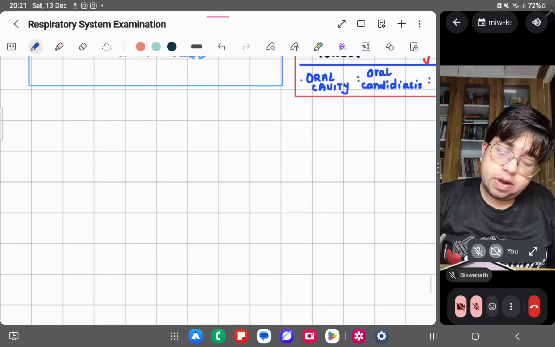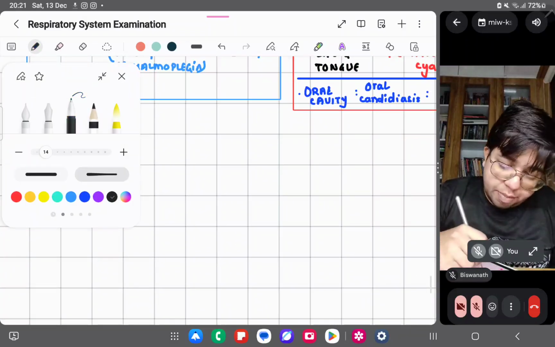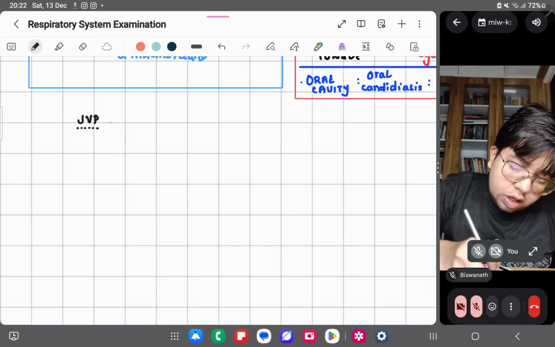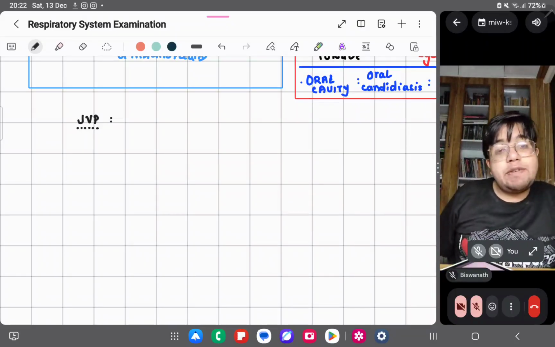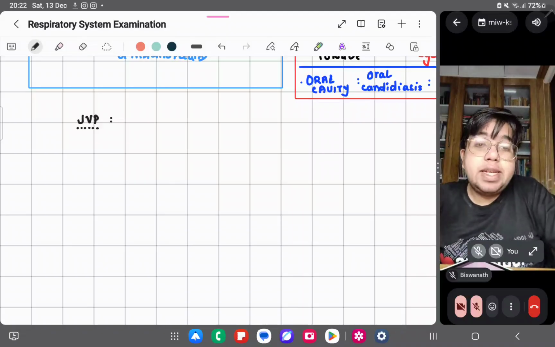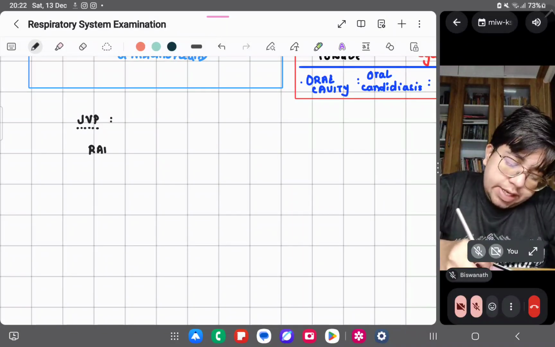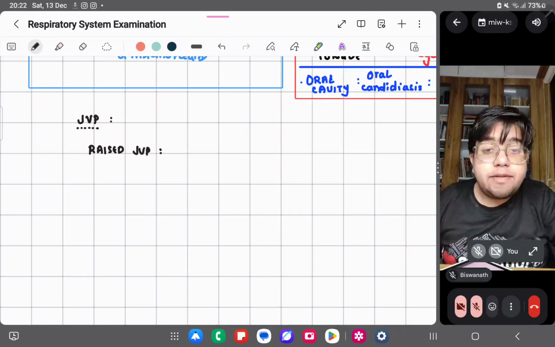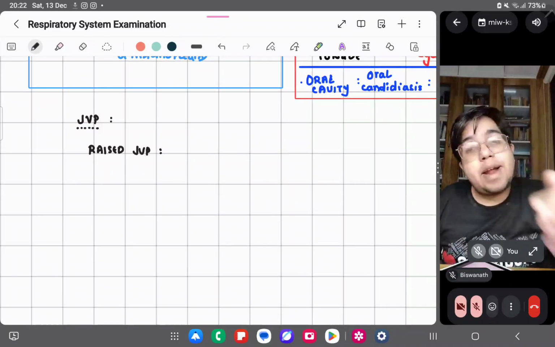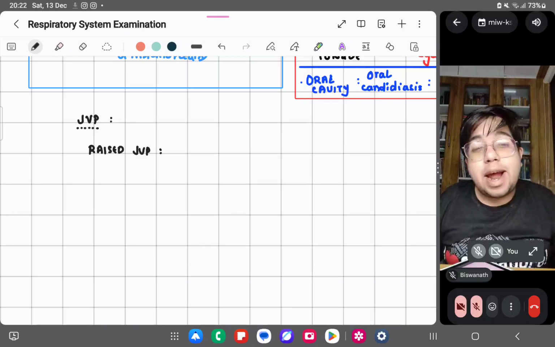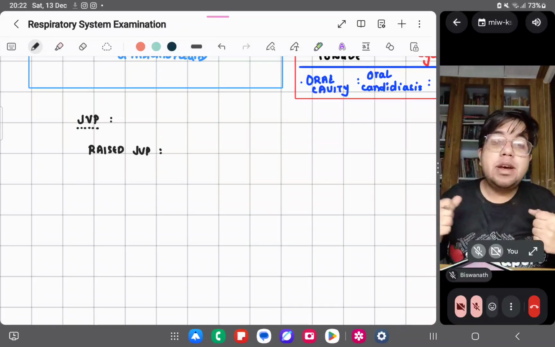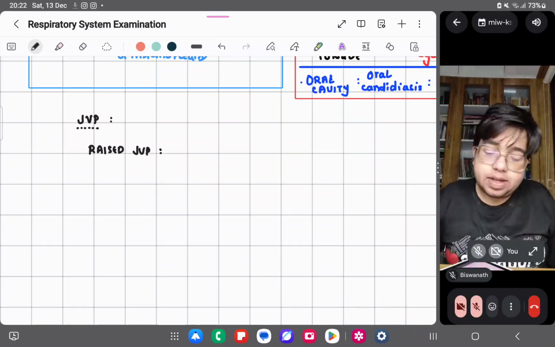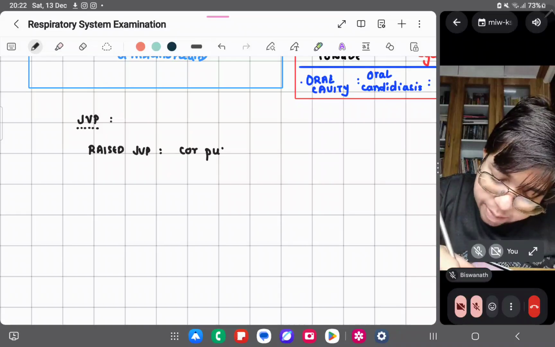So venous pulses, you have to see the most prominent one, the jugular venous pulse, JVP. So what can you get to know from the JVP? If there is a raised jugular venous pulse, then this indicates right heart failure. Right heart failure accompanied by respiratory distress or respiratory failure is what we call cor pulmonale.